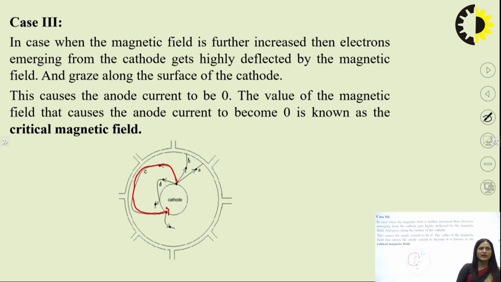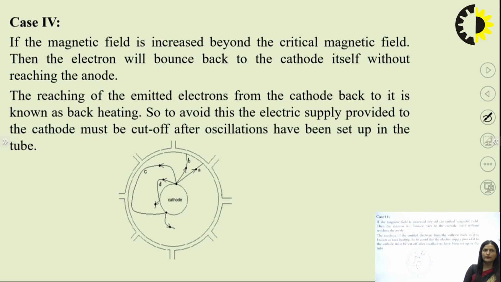So this causes the anode current to be 0. The value of magnetic field that causes the anode current to become 0 is known as the critical magnetic field. So at point C, the critical magnetic field is when the electron will not reach the anode. So anode current is 0.